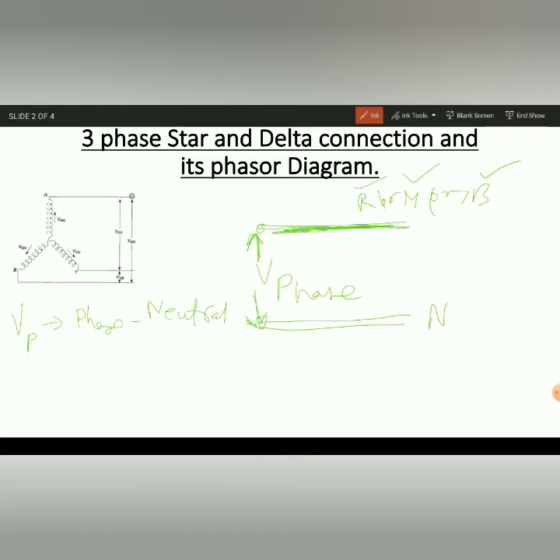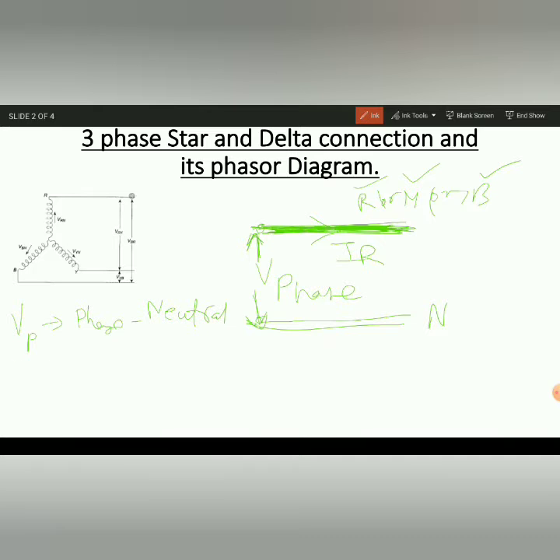Okay, and now what is a line voltage? Same way, phase current, what do we mean by phase current? It means the current which is flowing in this particular wire. Whatever current is flowing in this particular wire can be called IR, the R phase current. If we take this one as the Y phase, then it will be IY. If it is the B phase, then it will be the IB current.